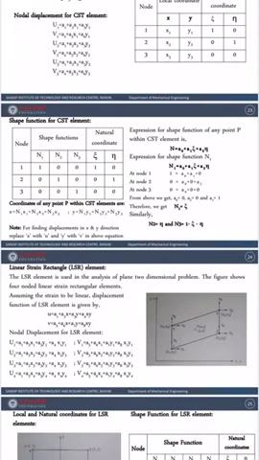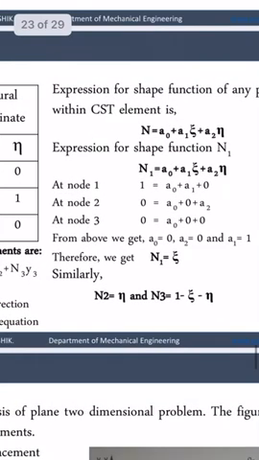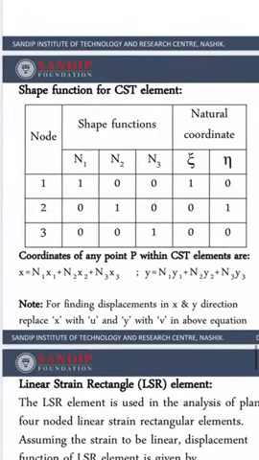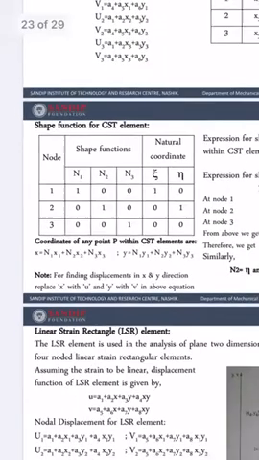For numerical purposes, N1 is equal to zeta, N2 is equal to eta, and N3 is equal to 1 minus zeta minus eta. By using these you can find the x and y coordinates: x is equal to N1x1 plus N2x2 plus N3x3, and similarly you can find y. In this way we have studied the CST element.